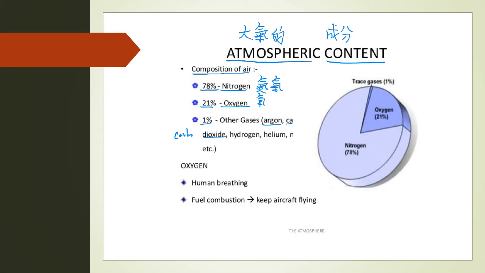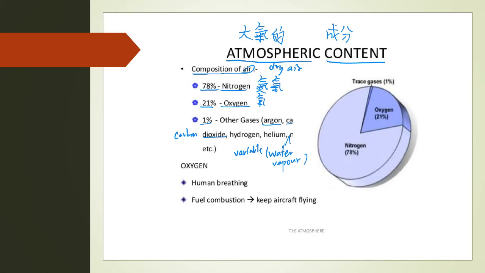They may also have some water vapor as well. Water vapor, 水蒸氣. However, the content is quite variable and unstable for water content. It depends on where you do the measurement. I suppose here when they mention the composition of air, maybe they mention dry air. However, if you want to know that air has water vapor, it's very simple.